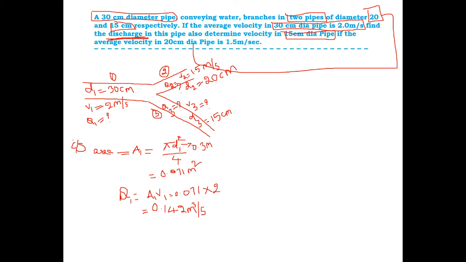Then in the second pipe, find out the area A2. A2 is how much? 20 centimeter dia means 0.2 meters, pi into d2 square divided by 4.